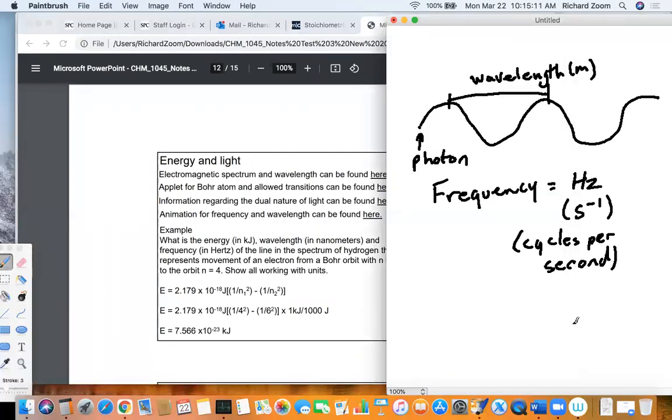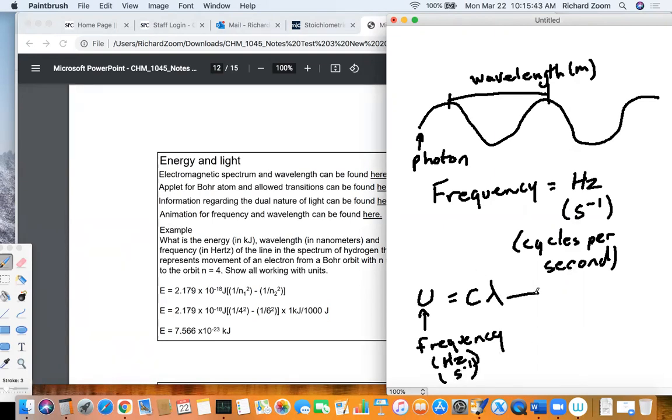So let's apply this now. Let's look at the relationship between them. And it is nu equals c lambda. Okay, so nu is the frequency, which is in hertz, or seconds to the -1.